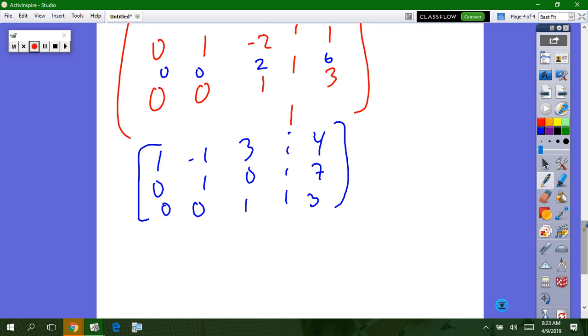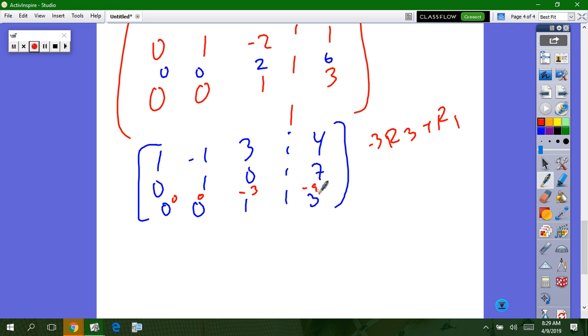What's the next step? We want to multiply row 3 by what? Negative 3. And add that to row 1. So do that. And then I get 0, 0, negative 3, negative 9.